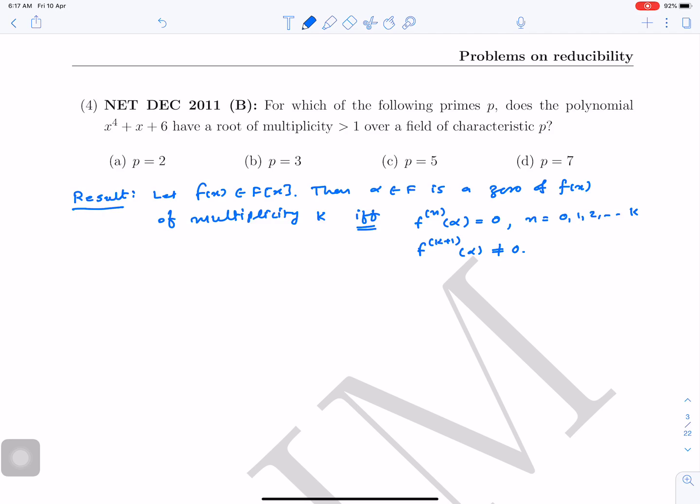Then we have alpha is a zero of multiplicity k. This is a result.